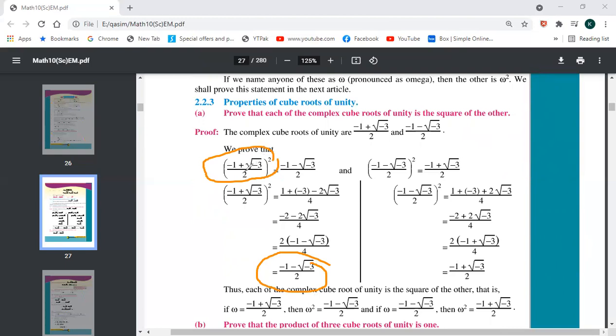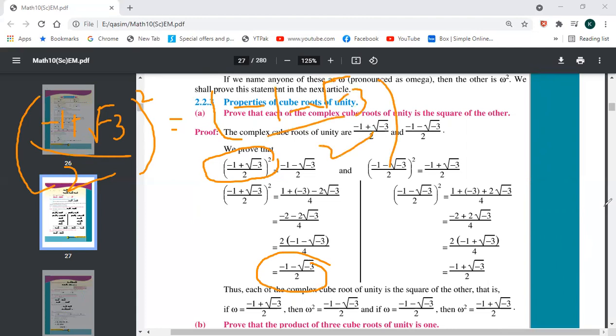The square of one cube root is the other cube root of the equation. So the square value, minus 1 plus root minus 3 upon 2 whole square, the square of any one value equals the other value of the root, that is minus 1 minus root minus 3 upon 2.